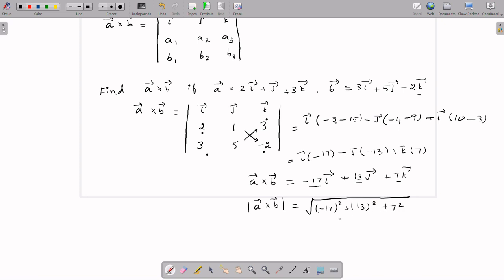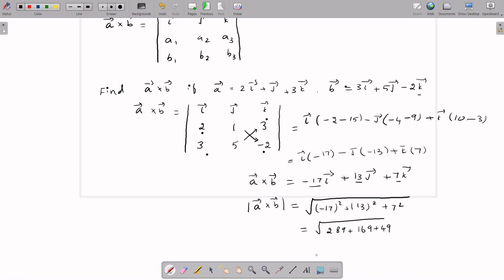Minus 17 the whole squared is 289, because minus minus becomes plus when squaring, and 17 into 17 is 289. Then 289 plus 13 into 13 is 169 plus 7 into 7 is 49.